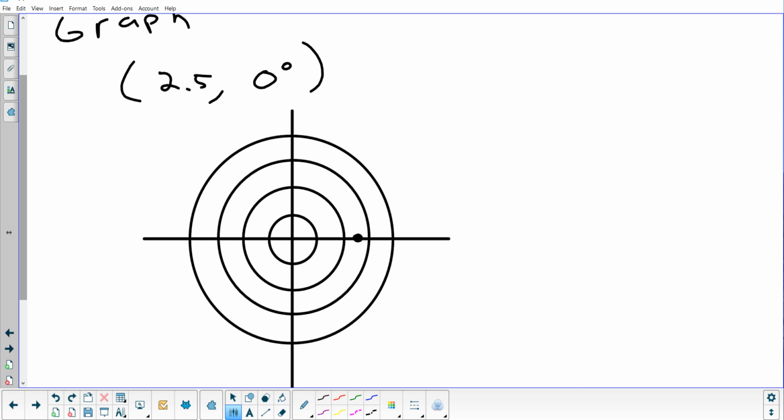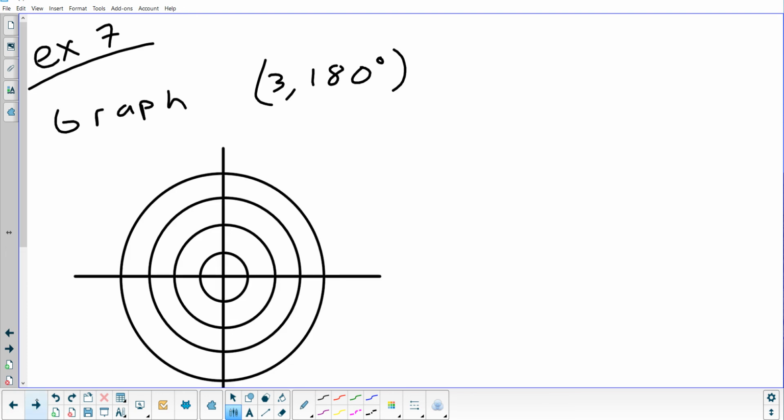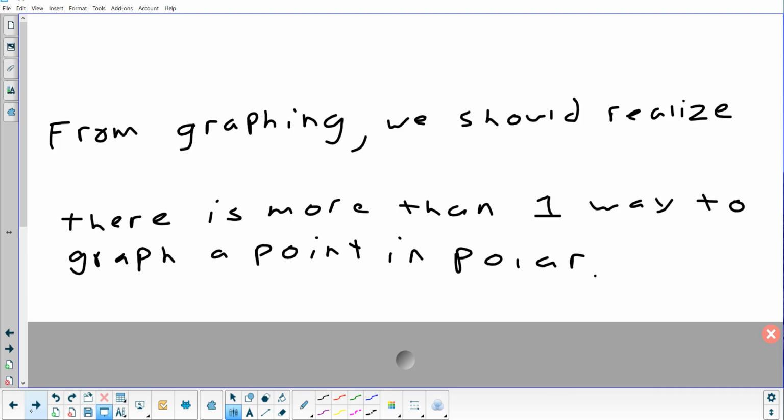Any questions on the graph? That's basically one of every type. I already explained this to you: there's more than one way, up to 4, usually a minimum of 3.